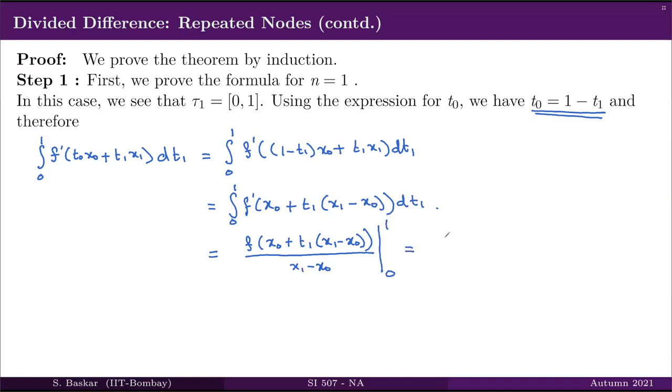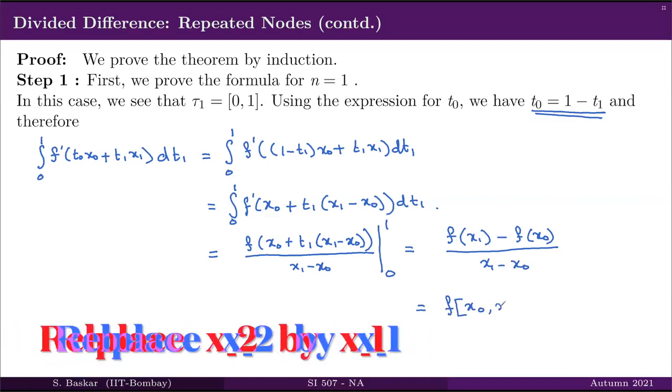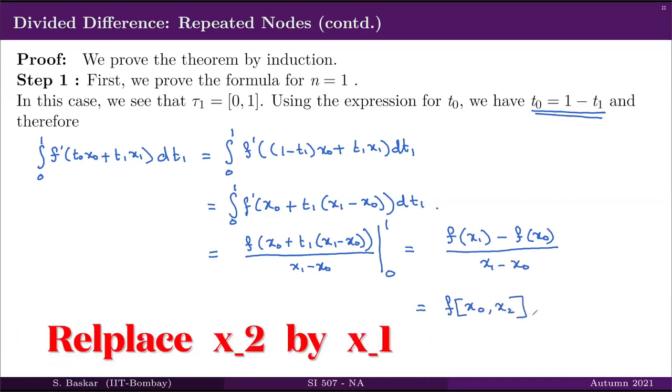And that gives us f of x1 minus f of x0 divided by x1 minus x0, and that is nothing but the divided difference of f at the node points x0 and x1, right?